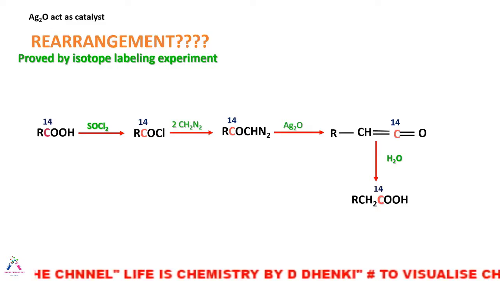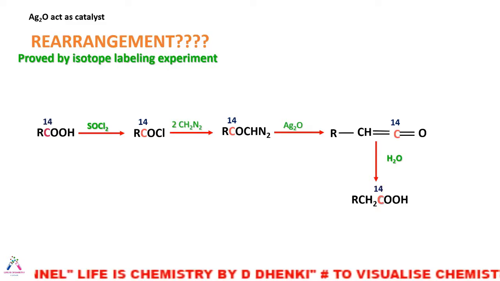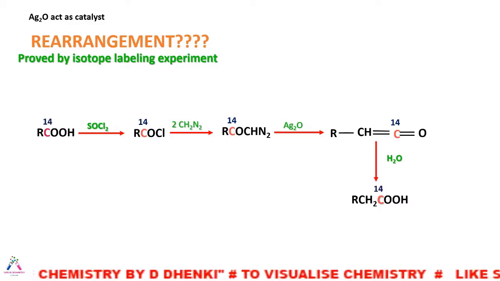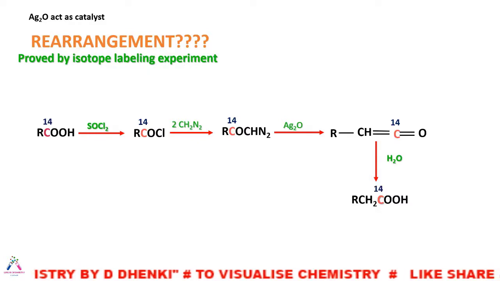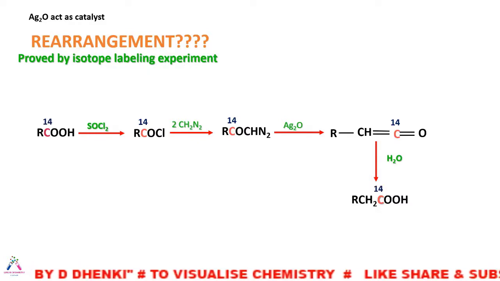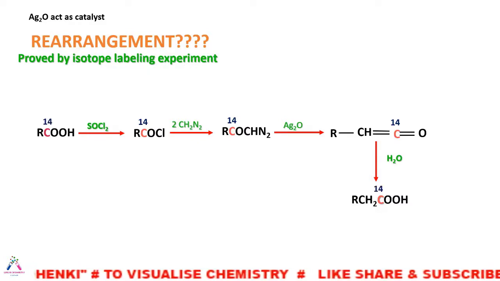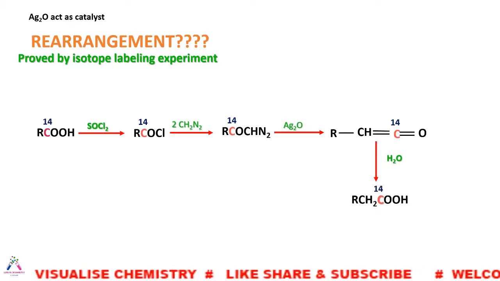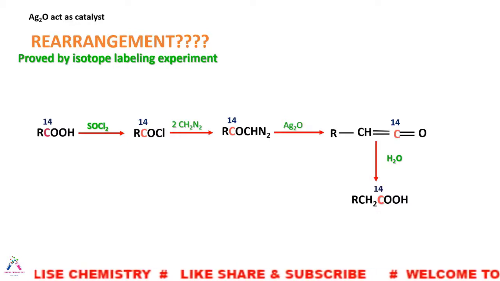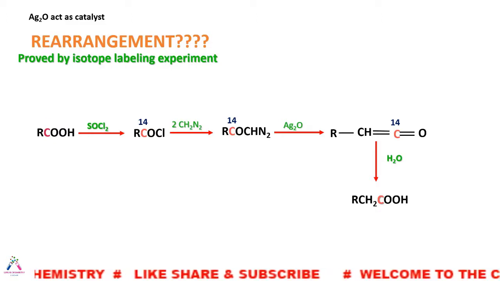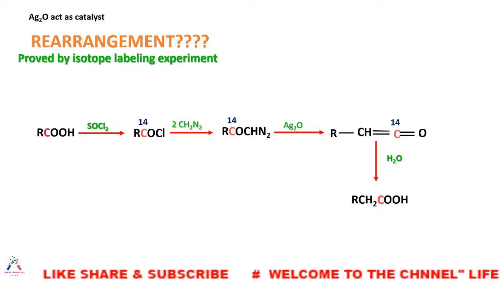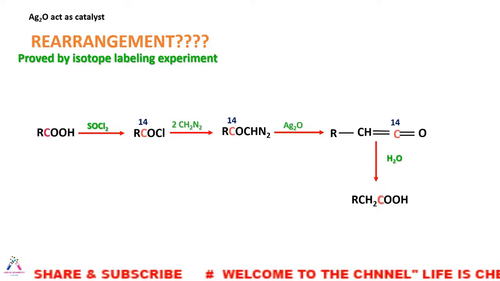If the rearrangement did not take place, then we could not find this isotope labeled carbon at the carboxyl carbon in both the starting material and the end product. Rather, if rearrangement did not take place, we would find the isotope labeled carbon at the methylene carbon.